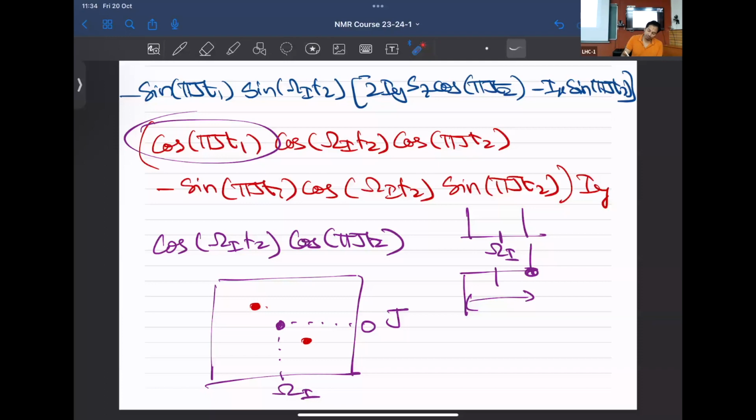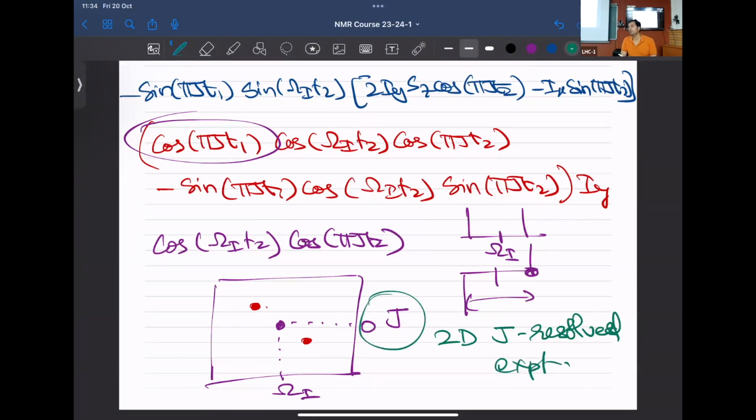So at that point, you do this experiment called the two-dimensional J-resolved experiment, the 2D J-res experiment, where in the indirect dimension you get the scalar coupling, and from the direct dimension you get the chemical shift. So this way, one could reliably measure scalar coupling from the indirect dimension.